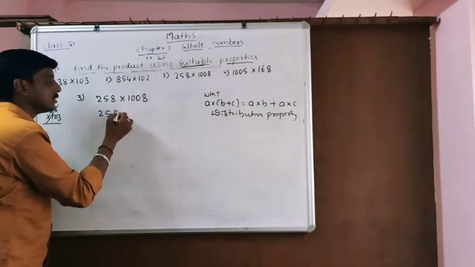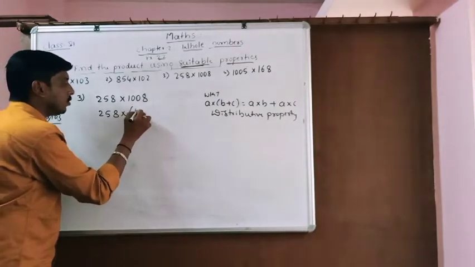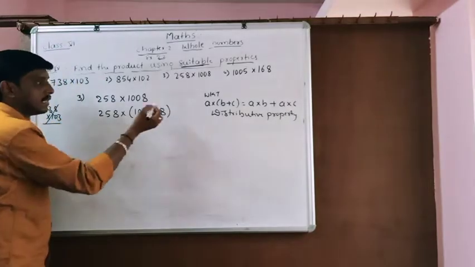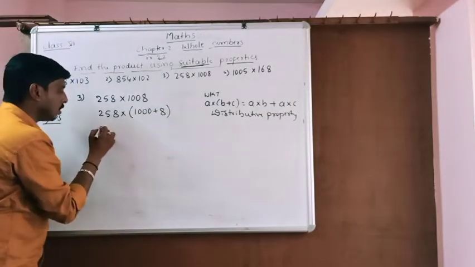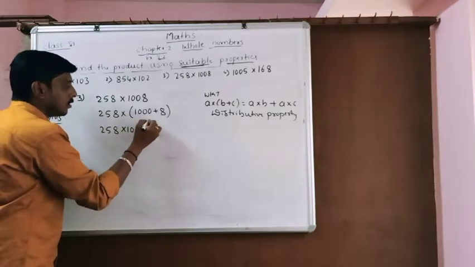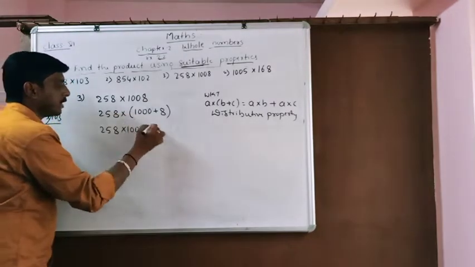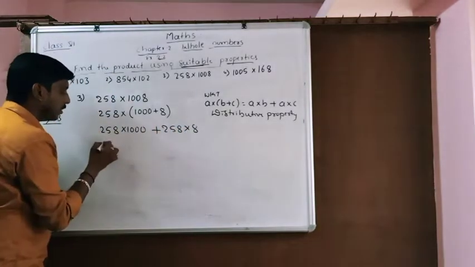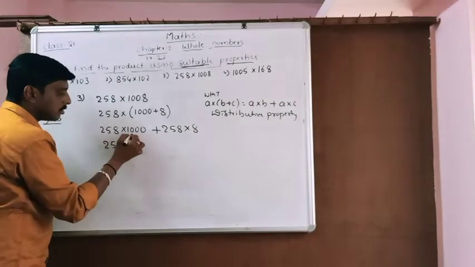Then how to write this 1008? 1000 plus 8. Now again, as it is, distributive property over the addition: 258 into 1000 plus 258 into 8. So 258 into 1000, how many zeros? 1, 2, 3.